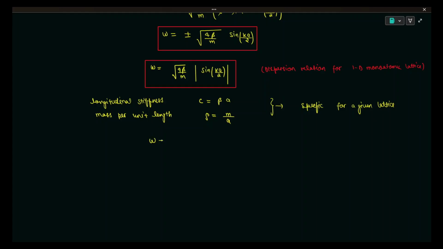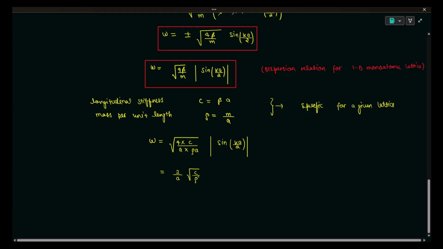So what we can do, we can write omega equal to under root of 4 times, in place of beta I can replace C divided by a, and in place of mass I can write rho times a, and this is mod of sine of Ka by 2. And simplify this, then you will get 2 divided by a, then under root of C divided by rho, mod sine Ka by 2.